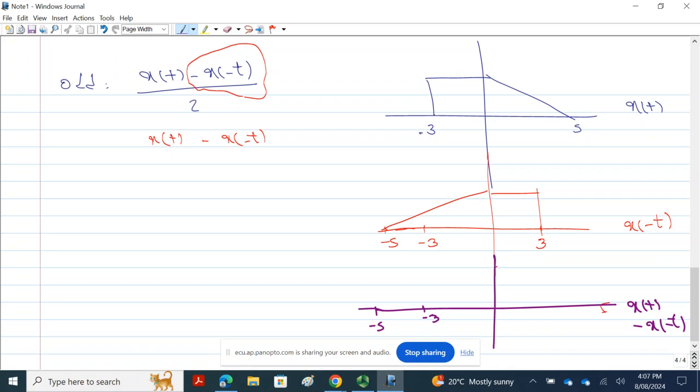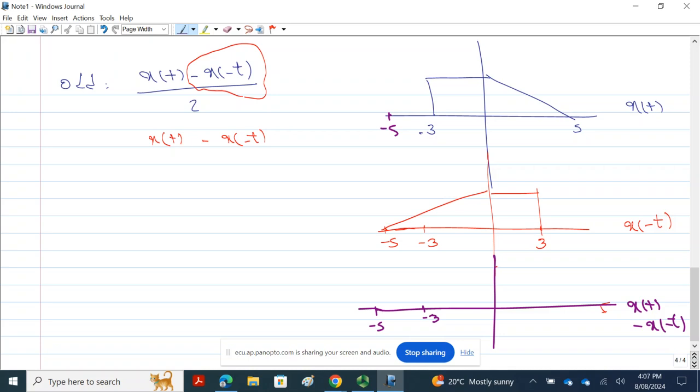So let's start from minus 5 to minus 3. What I want to do is xt minus x minus t. So minus 5 to minus 3 up here is 0, right? 0 minus what I have there.